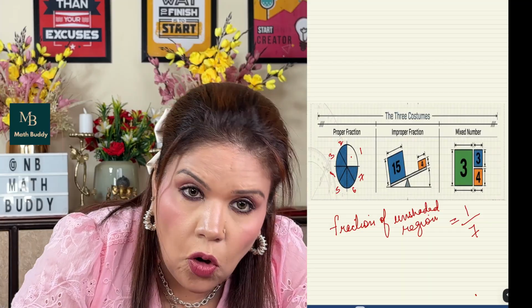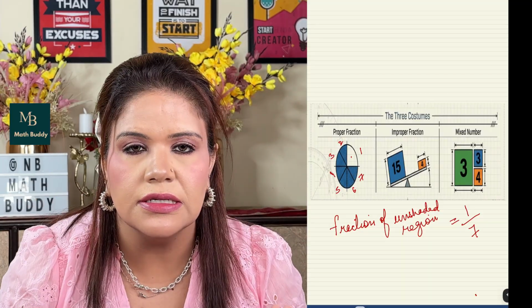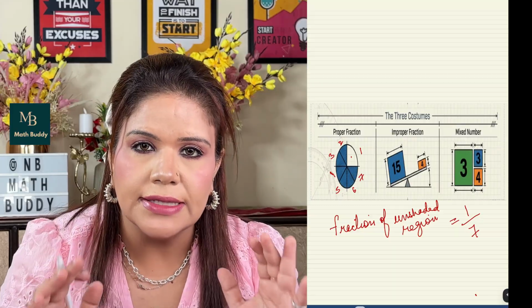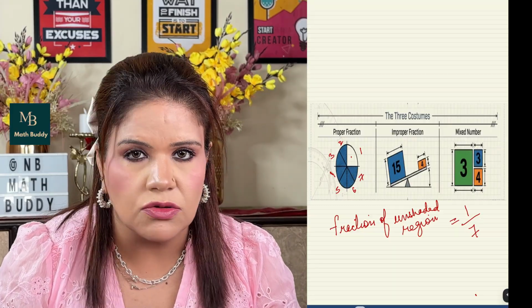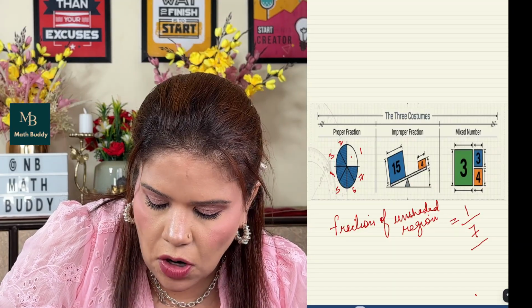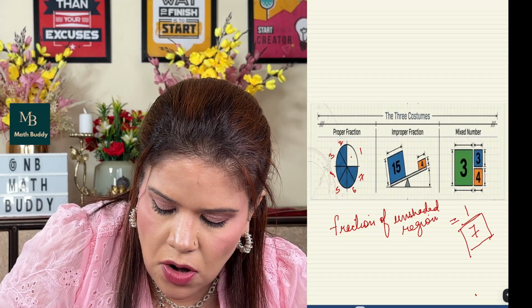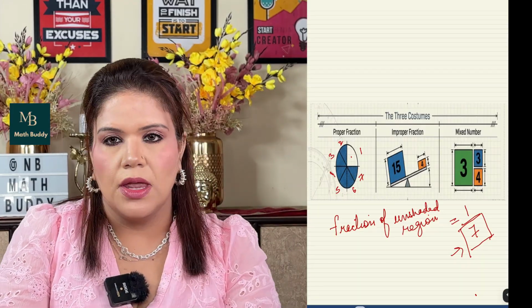We have a whole circle. We had one complete circle. First we divided that into 7 parts. We made 7 parts out of it, and that we are going to write in the denominator, the number of pieces it was divided into.